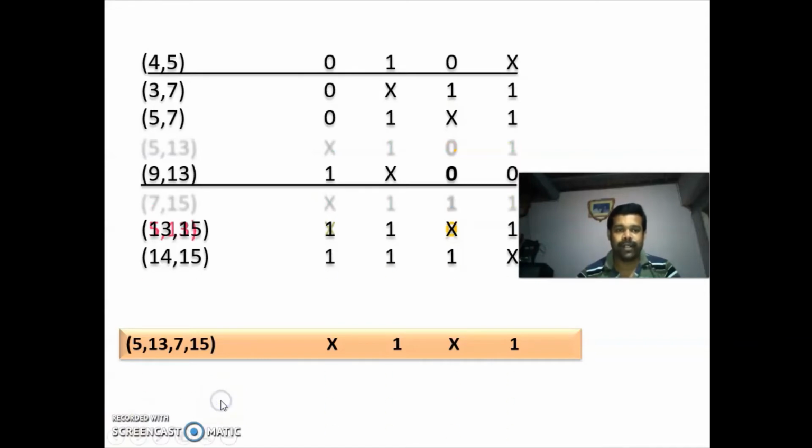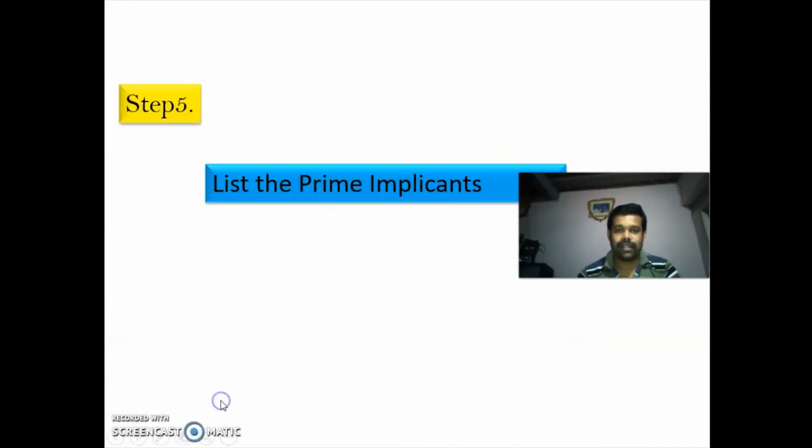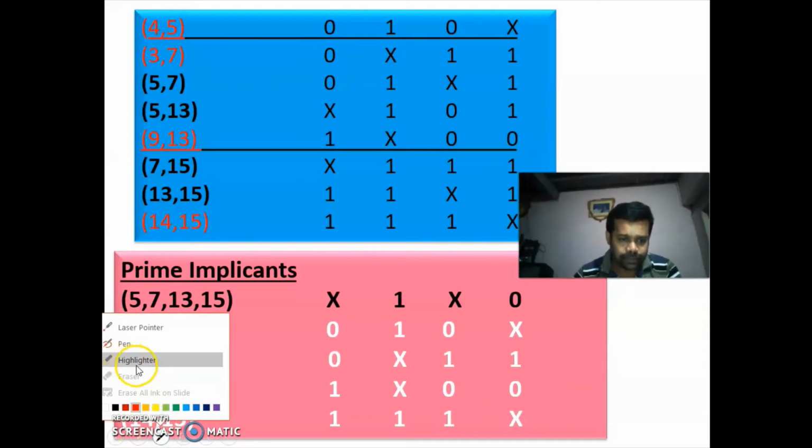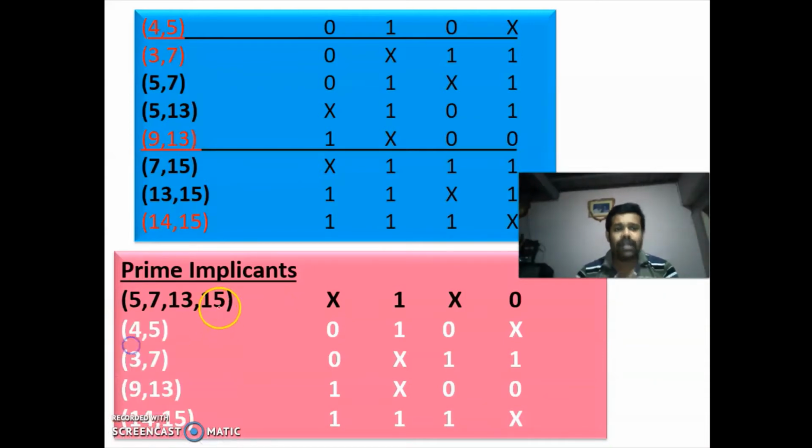Next we are writing the prime implicants. We have got only this prime implicant, and this the prime implicants what you have got in the third step, that is 4 5, 3 7, 5 7, 5 13, 9 13, 7 15, 13 15 and 14 15.